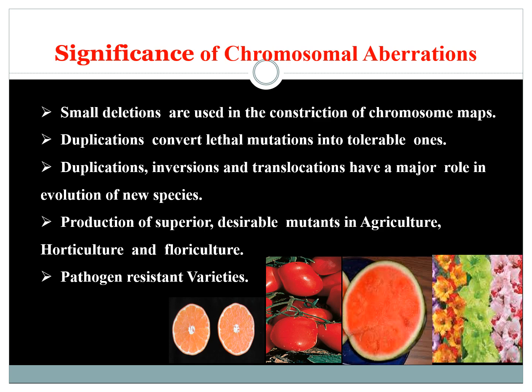And the third one is duplications, inversions and translocations. All have a major role in the evolution of new species and the production of superior desirable mutants in agriculture, horticulture and floriculture. That means they are very much useful in modern mutation breeding.